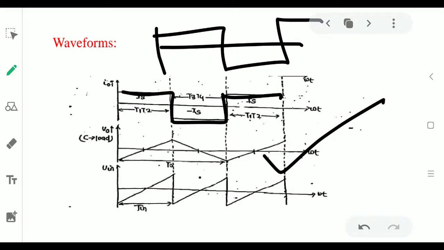In VSI, the output current was dependent on the load. In CSI, the output voltage is dependent on the load.